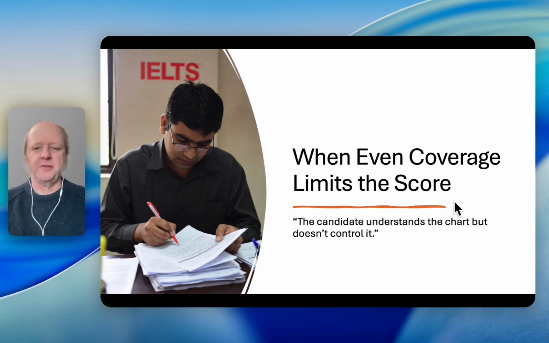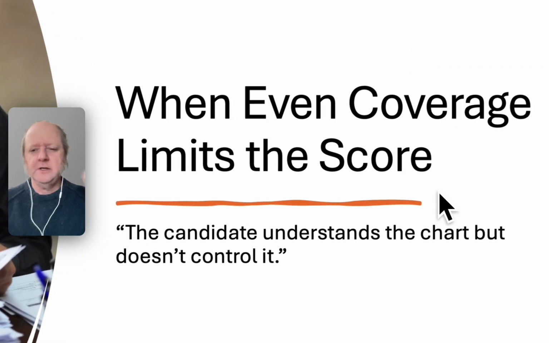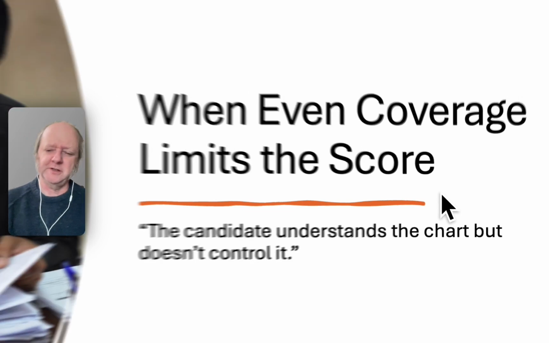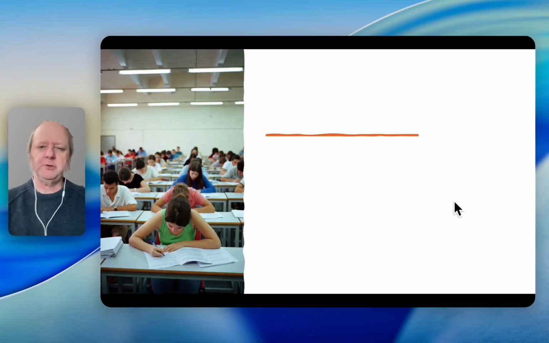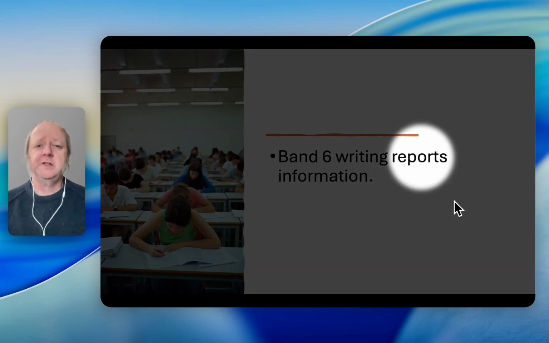And the examiner thinks, well, this candidate does understand the chart, but they don't know what to do with it. They understand what's there on the paper, but they don't understand what then to do with it, to show me what's most important. Therefore, the difference between a band 6 and a band 7 task 1 writing is this: band 6 writing reports information.